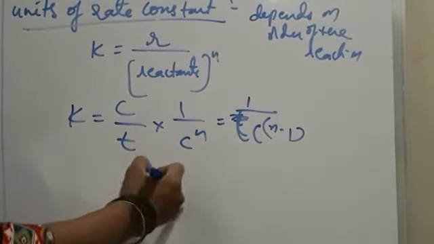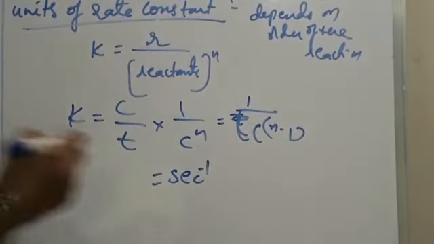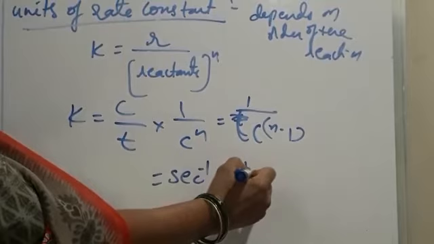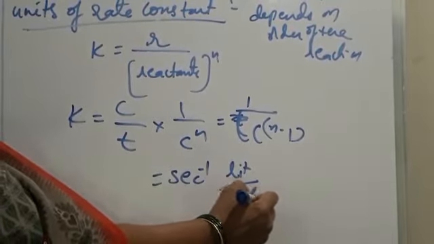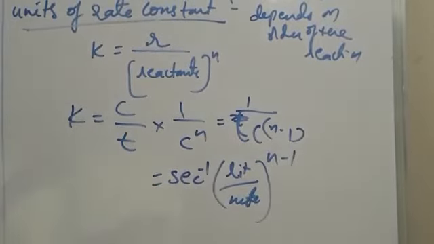So, we can write second inverse, then liters per mole to the power n minus 1.